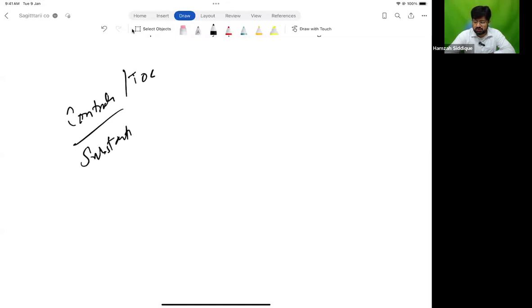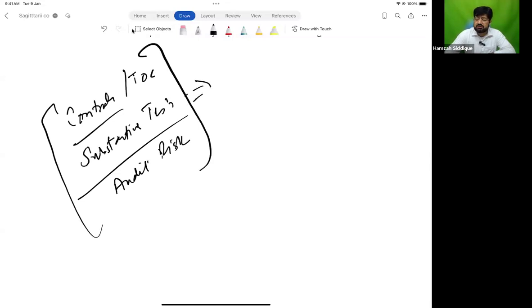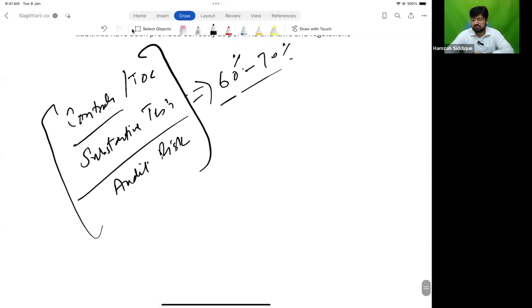Substantive tests we are doing. And then is audit risk. Your exam is 60% to 70% from these three areas. Simple is that. 60 to 70%.